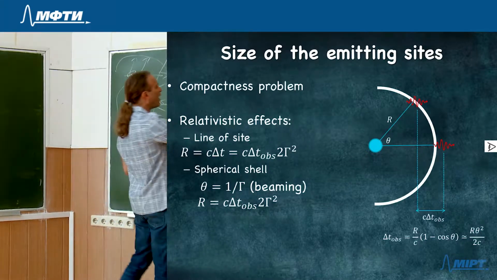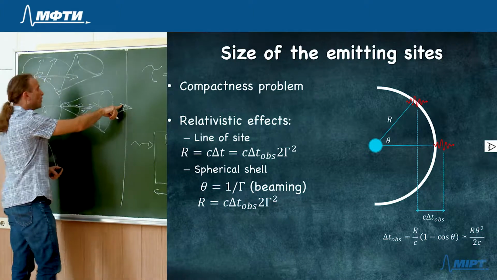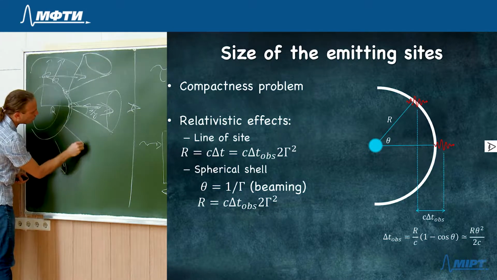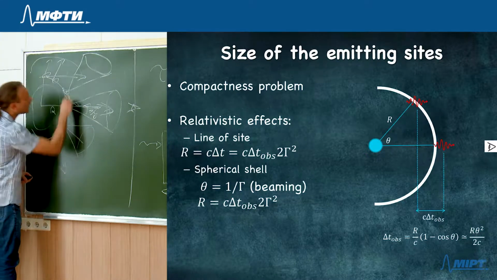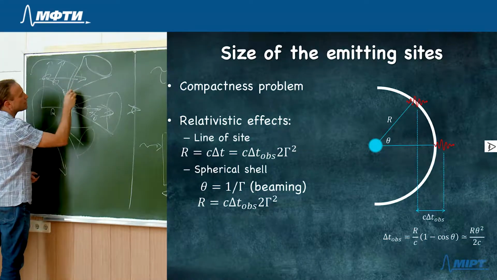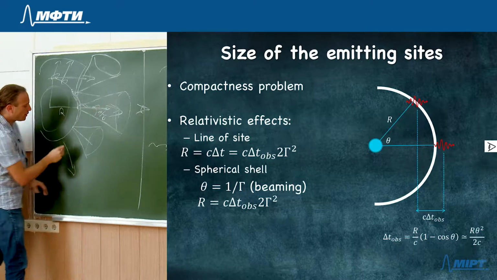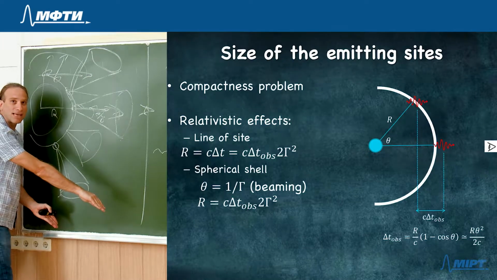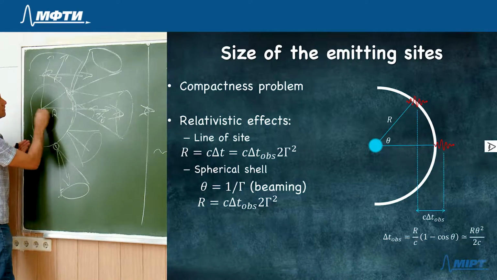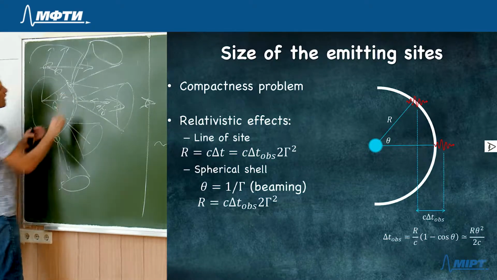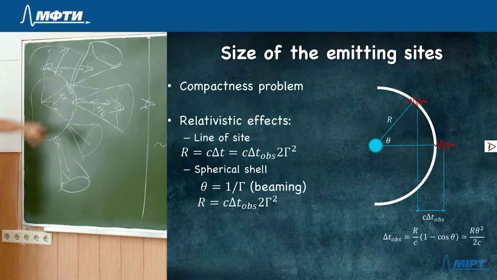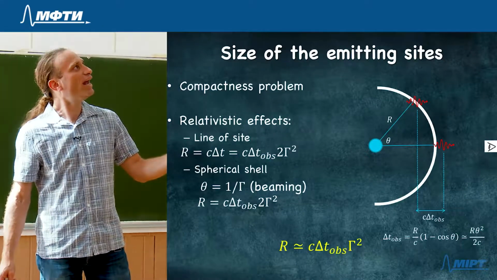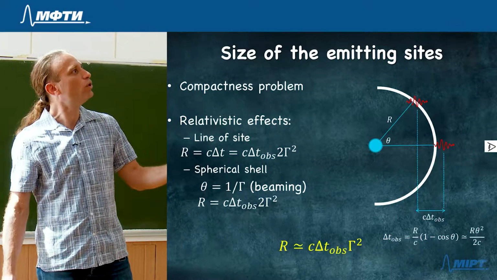So if I'm located around here, I will only be able to see regions whose 1 over gamma cone of photons intersects with the line of sight. Photons emitted outside it will never reach me because they are out of my line of sight. So I will only see regions within an opening angle of 1 over gamma. I will see this photon coming from here, and these photons where theta is equal to 1 over gamma.